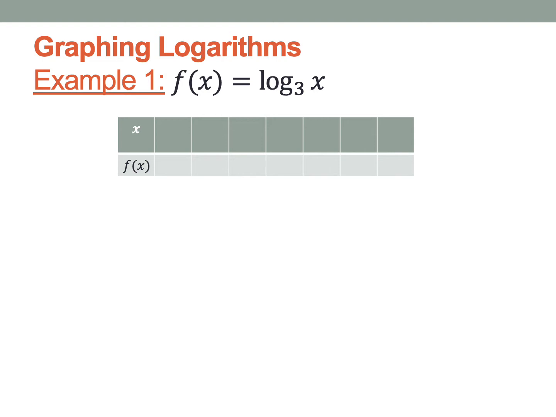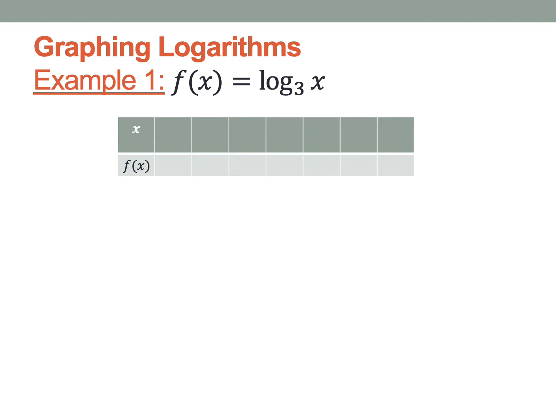Now our x values are powers of 3, and our y values are like the numbers on a number line. So what you want to do to come up with a table is figure out what your powers of 3 are, and then fill in those for your x values.